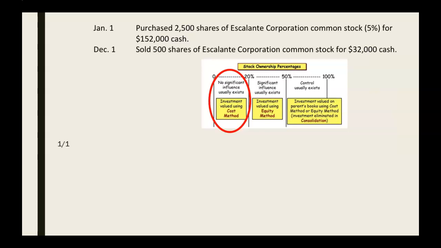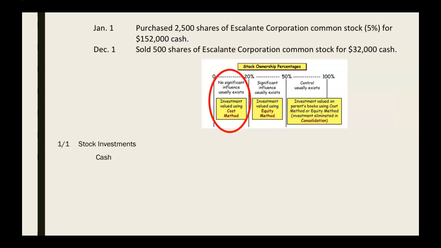Now on January 1st, we are investing in another company's stock, so we call that stock investments. Now, how are we investing in that stock? We're using cash, right? This common stock cost us $152,000 in cash.